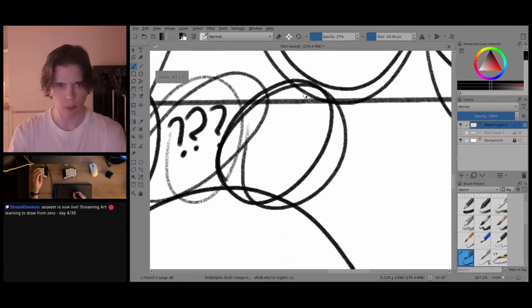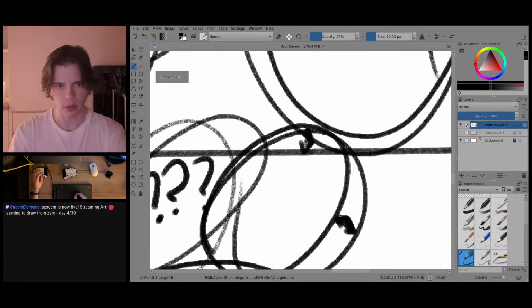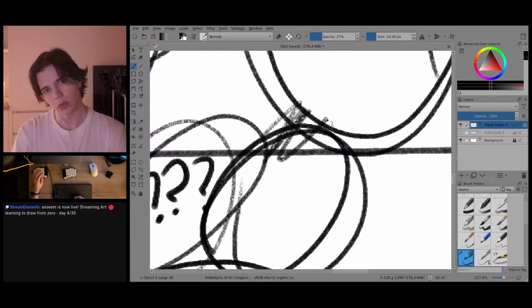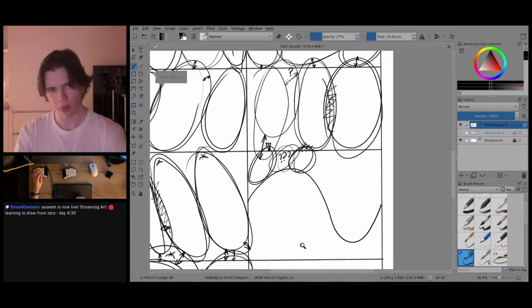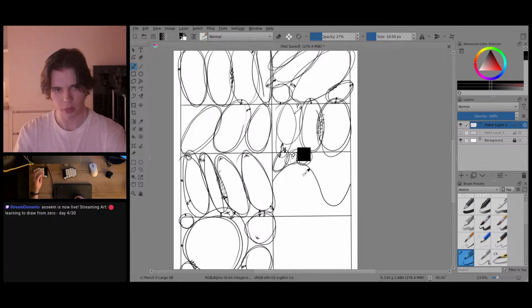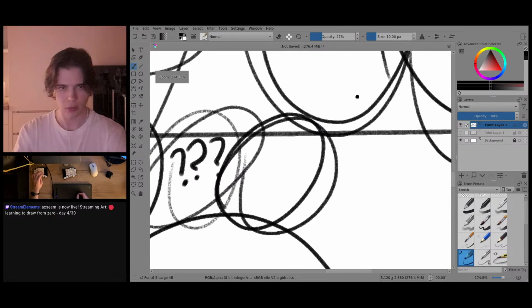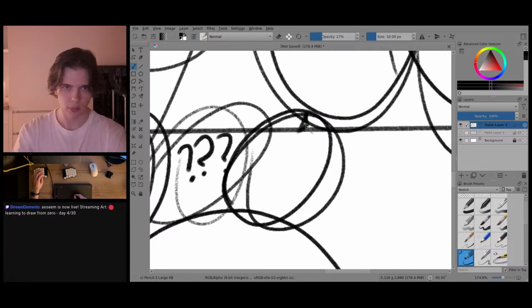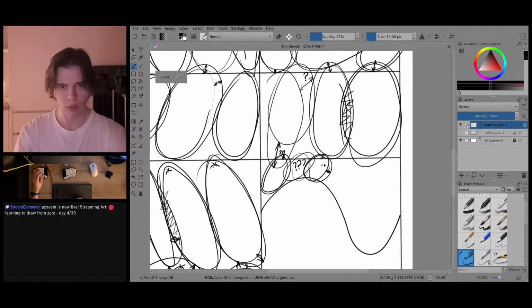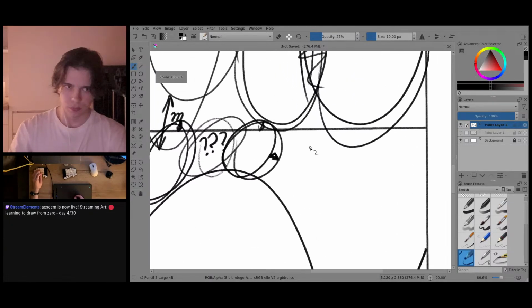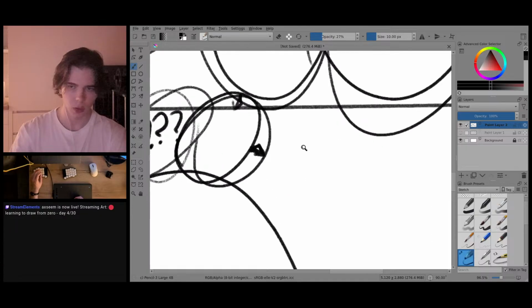Actually, not that bad. Actually, I feel like I can use overlap notation here, right? But I guess it's too late. It's gonna be inconsistent. Let's scale it up again.